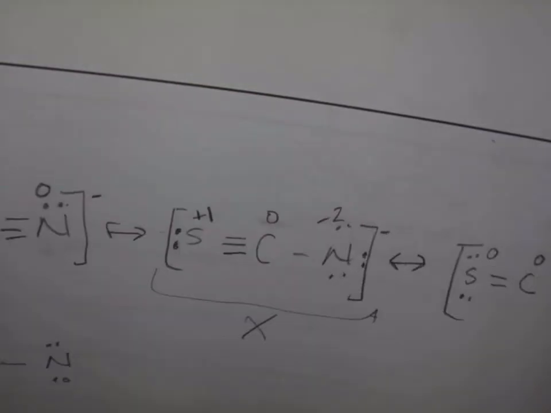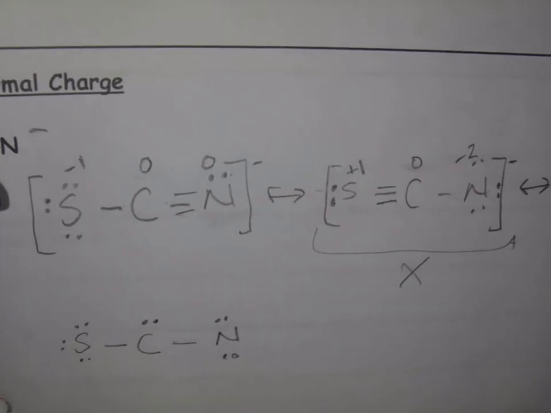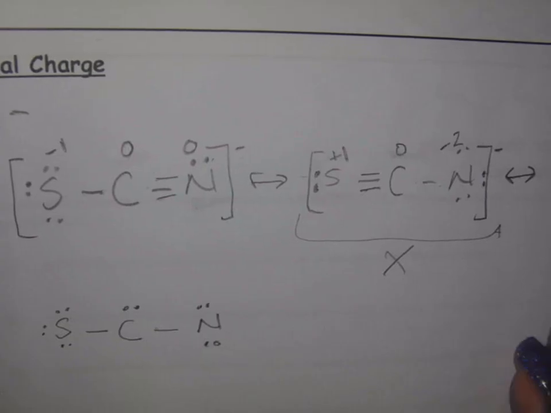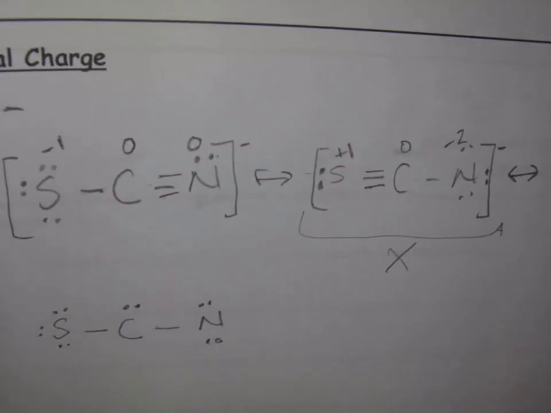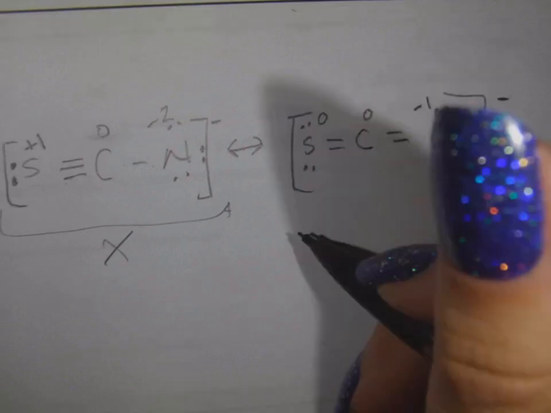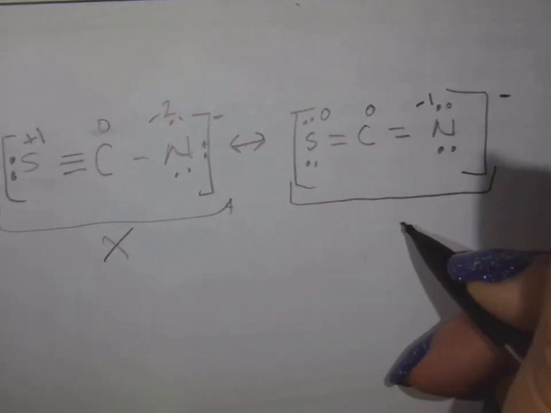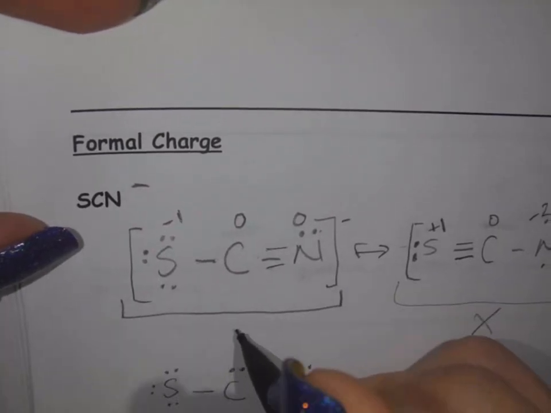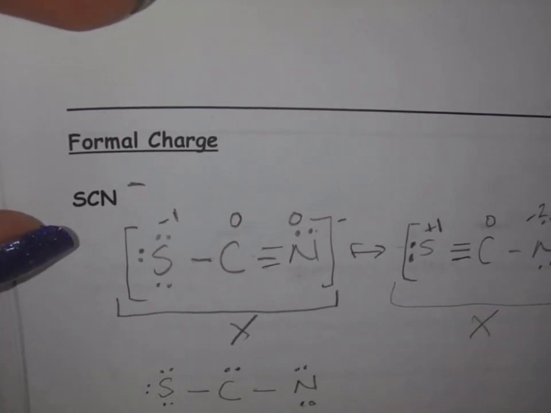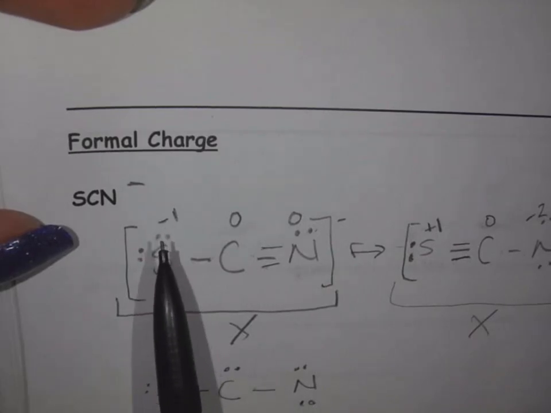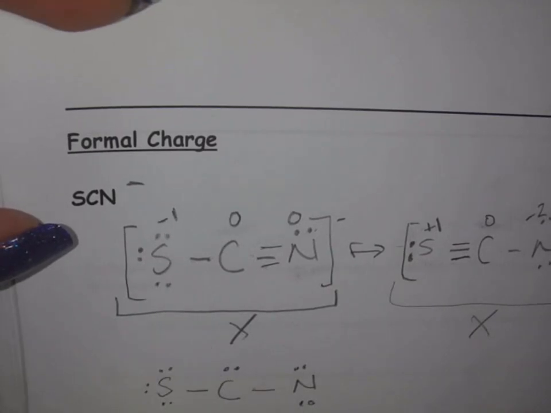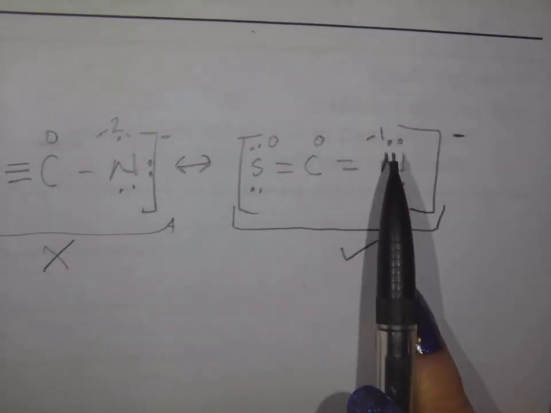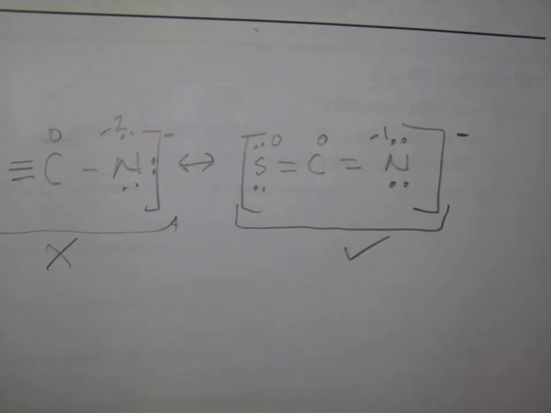Okay, cool. And so for that reason, the most likely resonance structure to occur in nature for SCN minus is this one. Less likely to be this one. The reason why is because both of them had a -1 formal charge on an atom, and since nitrogen was more electronegative, it would be more stable having the negative assigned to it.